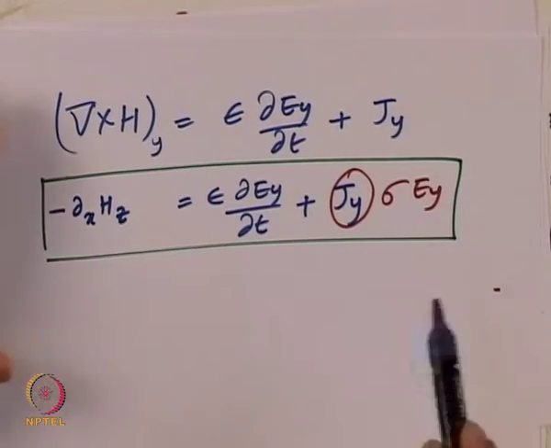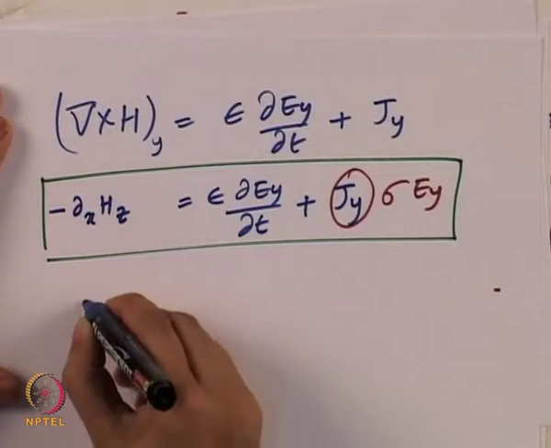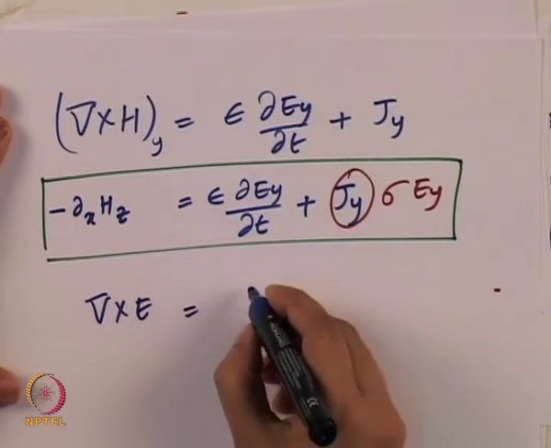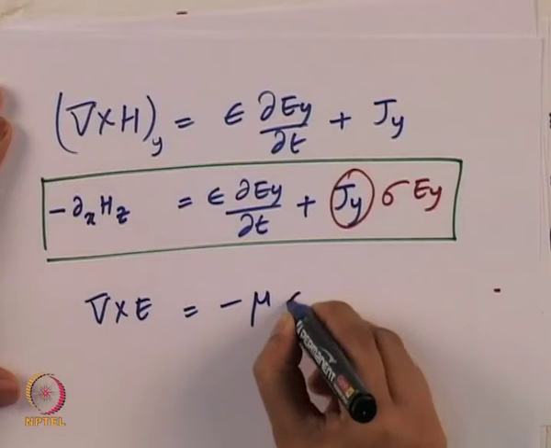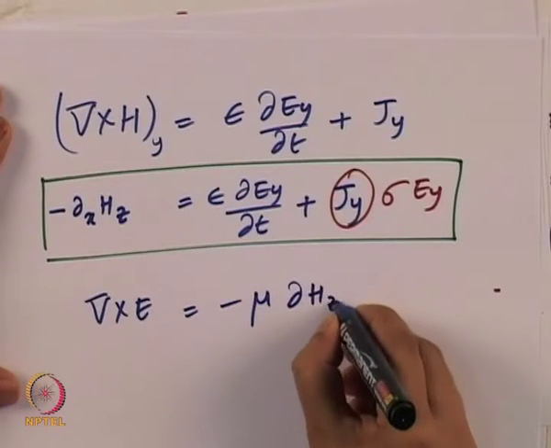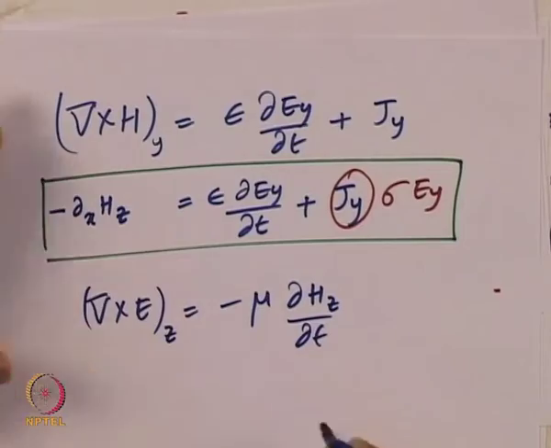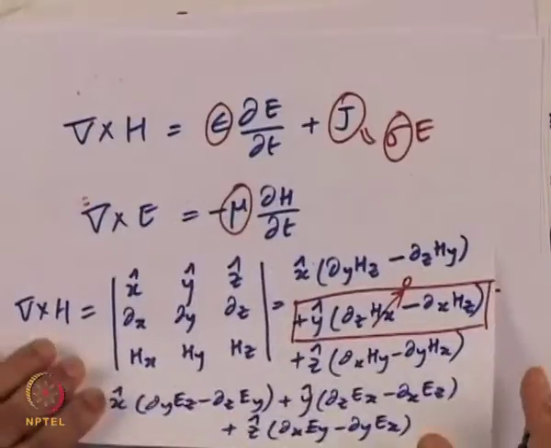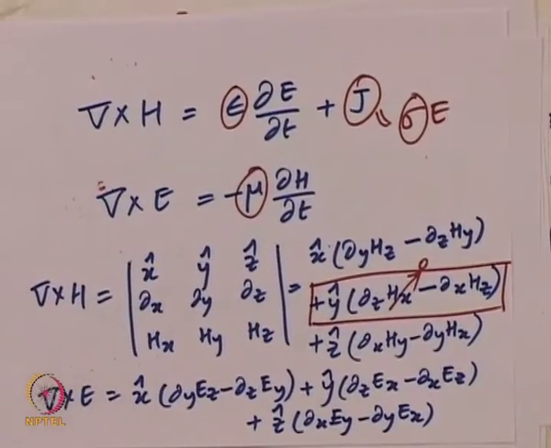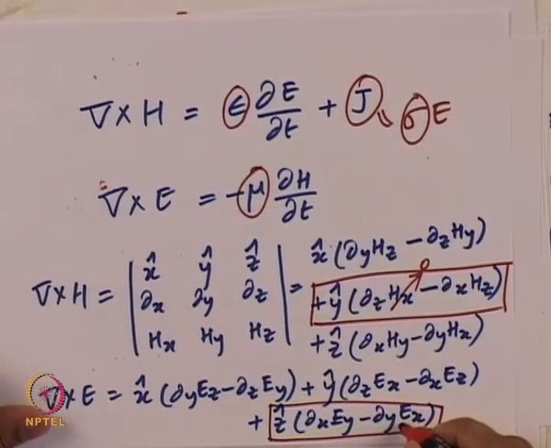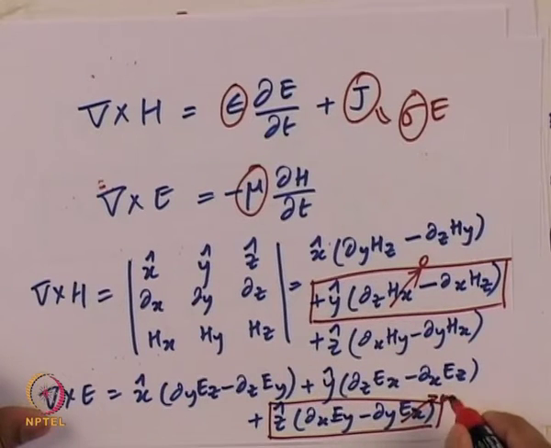Similarly, let us write down the second curl equation. Curl of E is equal to minus mu dou Hz by dou t, and I am interested in the z component. Let us go back to the equation, and we know this term, the Ex term, is equal to 0.